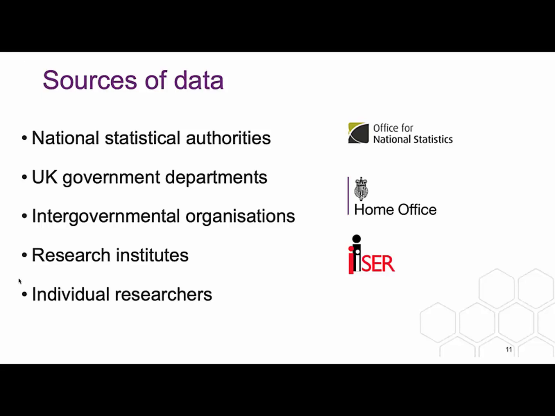So from national statistical authorities, such as the Office for National Statistics, the National Records of Scotland, Northern Ireland, UK government departments like the Home Office, the Department for Business, Innovation and Skills, and the Department for Work and Pensions, intergovernmental organisations, including the International Monetary Fund and the Office for Economic Cooperation and Development, research institutes such as the Institute for Social and Economic Research and NatSen, and individual researchers.